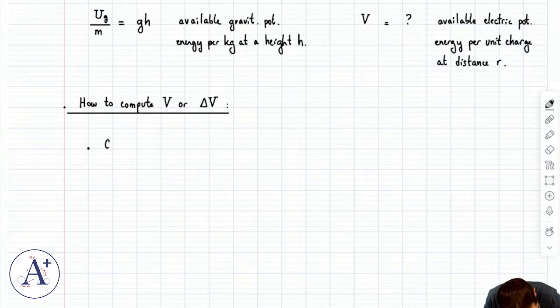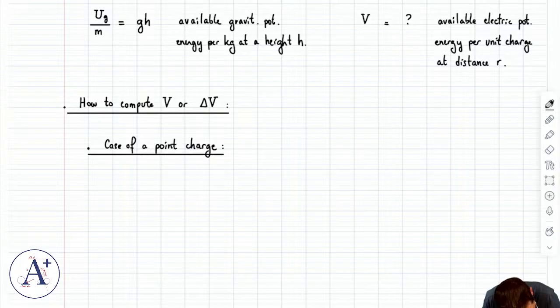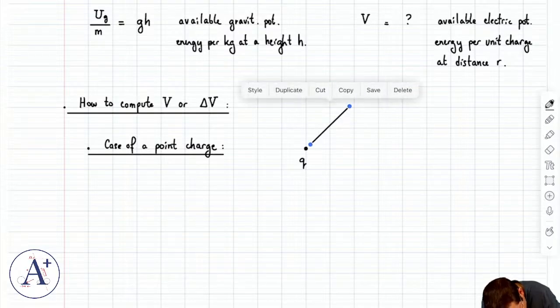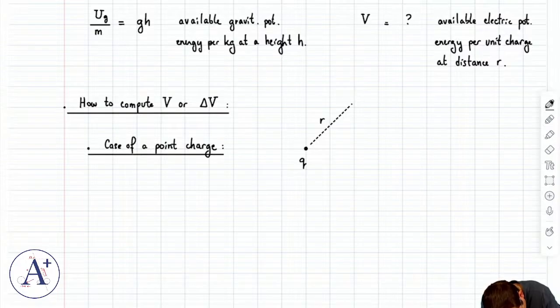Let's start with the case of a point charge. Okay, this might be the most important case because it's the only formula that you have that you're allowed to use directly. Okay, so let's say we have a charge Q. This is some location here.